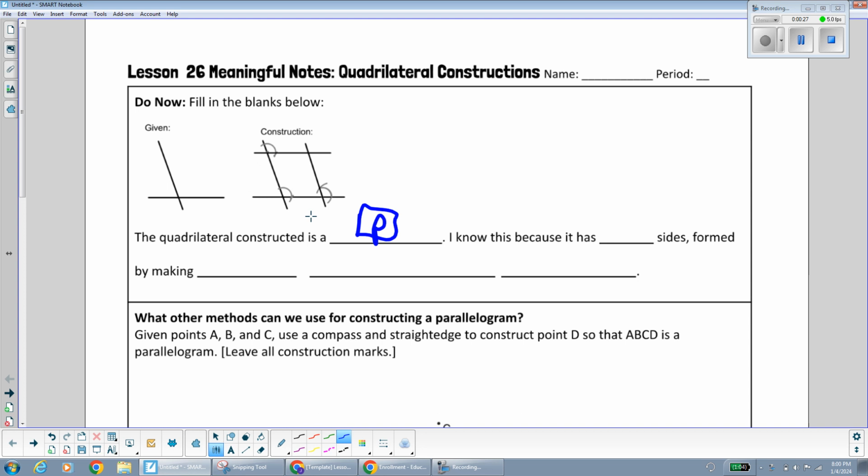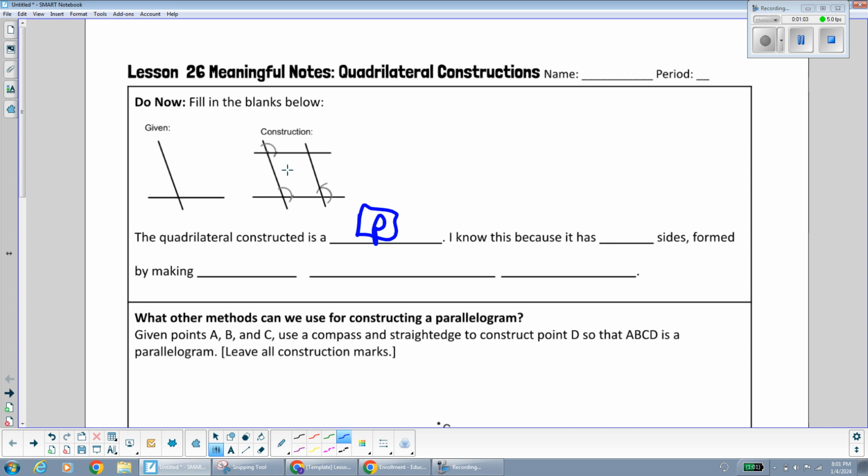It is a parallel line construction created by making congruent corresponding angles. Notice how these two angles here are in the same position, and one angle is copied to make the other. So these are congruent corresponding angles that form these parallel lines. And if you take a look here, these are also congruent corresponding angles created by copying the angle from one place to another.